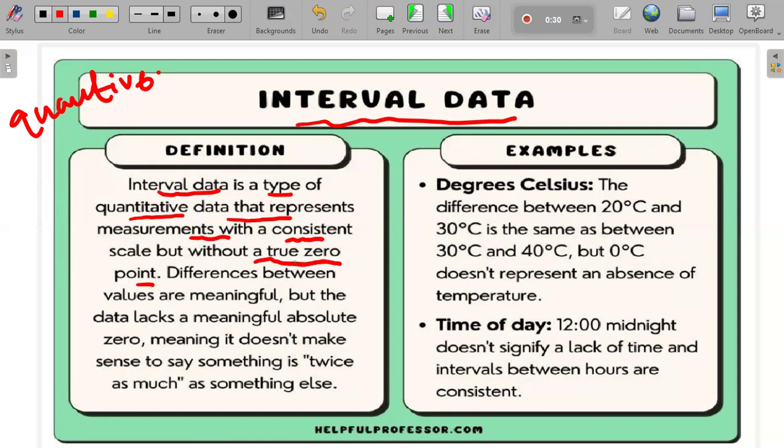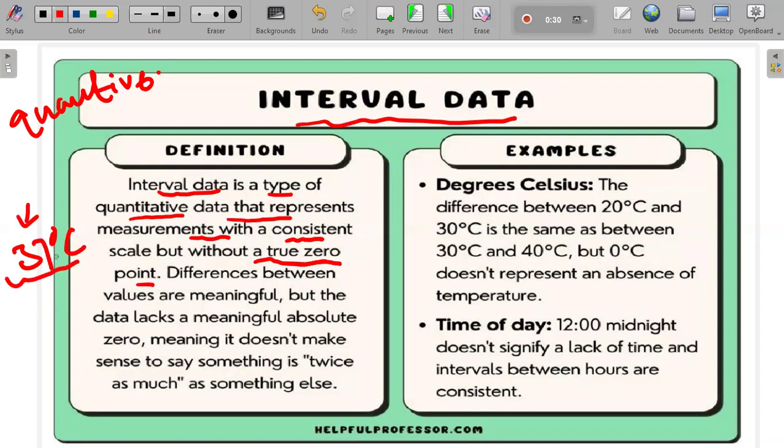So what does it mean, without a true 0 point? It means that the quantity can be zero, but the zero will not mean it is absent. For example, temperature. We can say today the temperature is 37 degrees Celsius. So we have a value there.